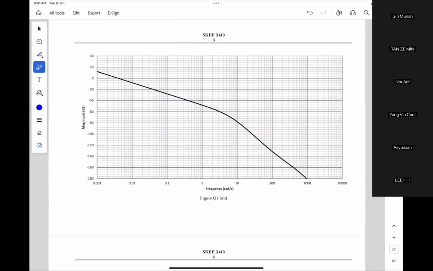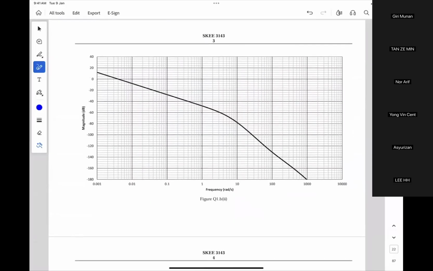As in gain crossover frequency? Gain crossover frequency. Where does it cross 0 dB? Have you found it? It's late already. 0.004 radian.